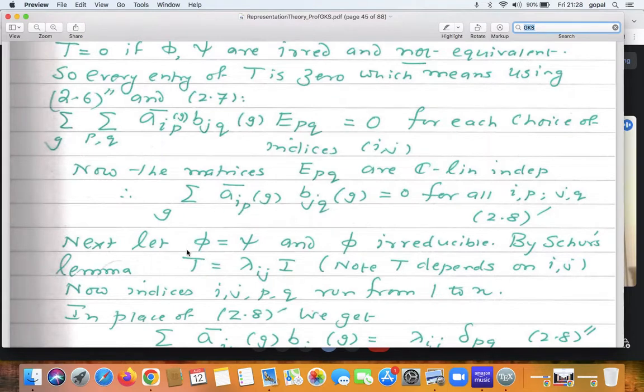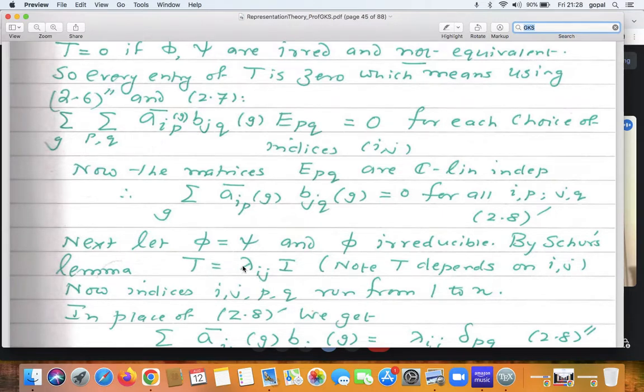On the other hand, if phi and psi are equal, and they are irreducible, again by Schur's theorem, the T must be a scalar. T must be lambda times I. Of course, remember T depends on ij, so lambda will also depend on ij. The scalar will also depend on ij.